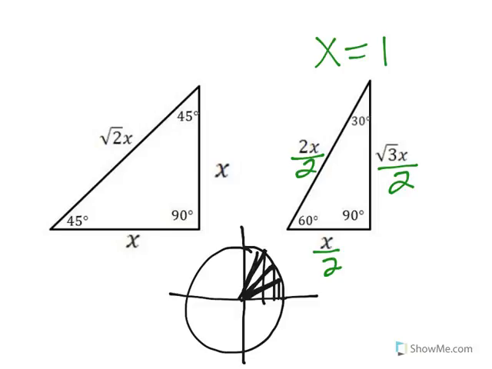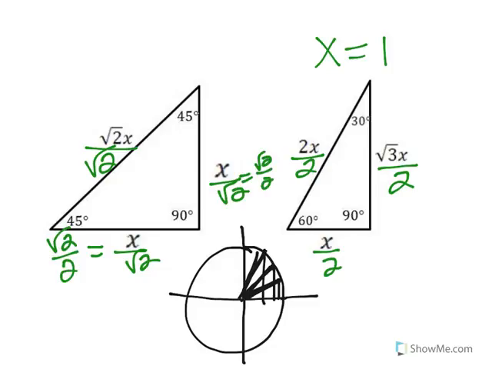Now when we come over to the 45-45-90 degree triangle, we're going to divide everything by the square root of 2. Then when we rationalize the denominator, it's going to be square root of 2 over 2, and the square roots cancel out.